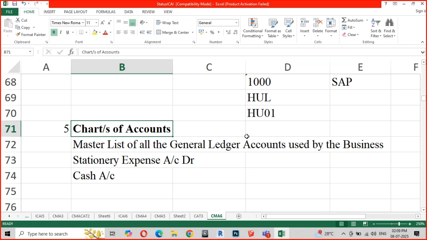Do you see how exhaustive this chart of accounts can be? It contains all the general ledger accounts used by the business. Clear?